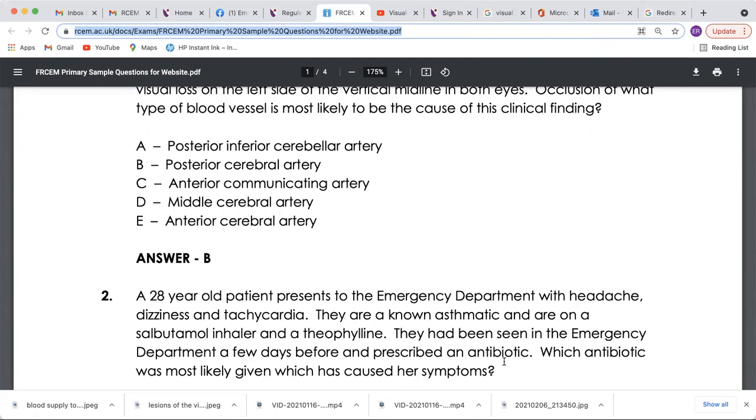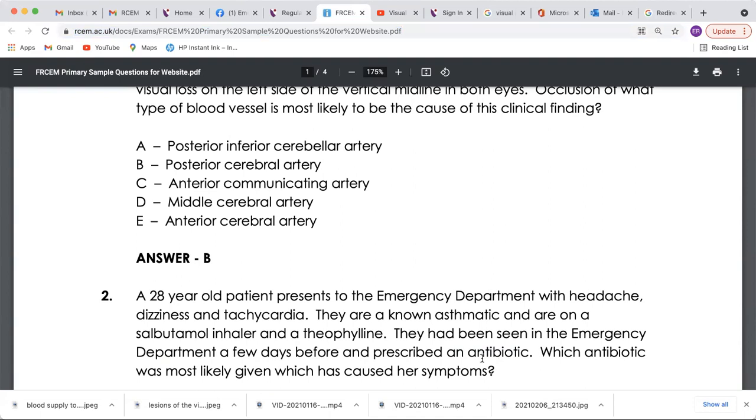These are very popular types of questions which may again come in the real exam, where you get a scenario of a patient coming with new onset symptoms after they started an antibiotic. So a few days before, he was given an antibiotic, and now new symptoms. What's the question stem?